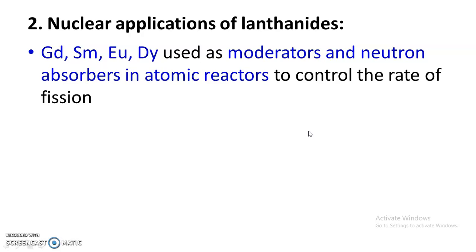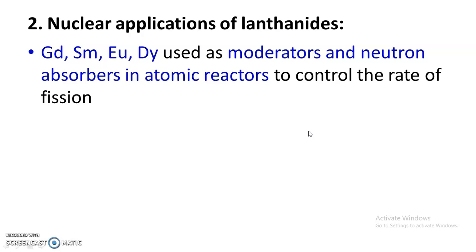At the time of controlling the rate of fission, long rods made up of these elements are introduced into the reactor core. During the course of this nuclear reaction, these rods are inserted in the reactor.